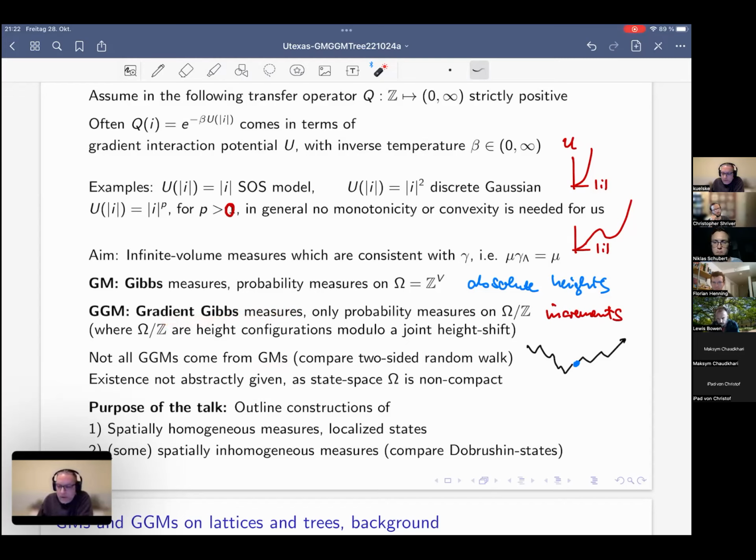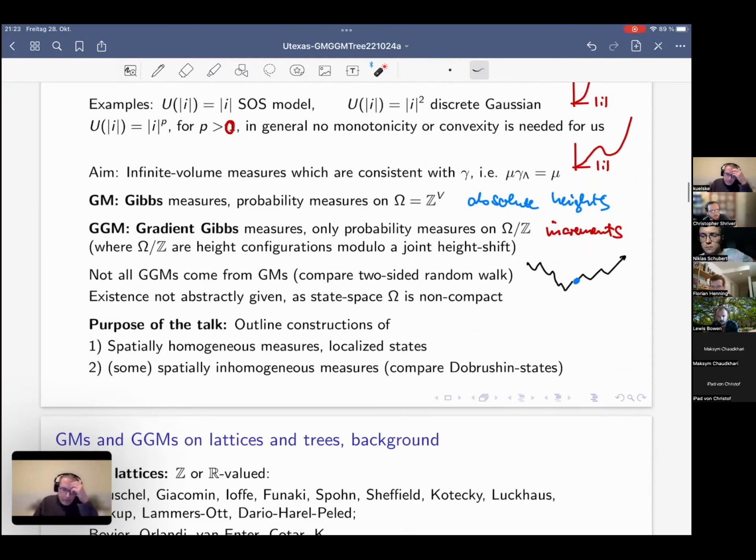So for instance, if you have the simple nearest neighbor random walk where you toss a coin and you go plus or minus 1 with probability 1/2, and you do this also into the past, then you have an object which has nice increments, which are translation invariant. But of course, you have to pin this point somehow. So this is not coming from a translation invariant measure which would know the absolute height.